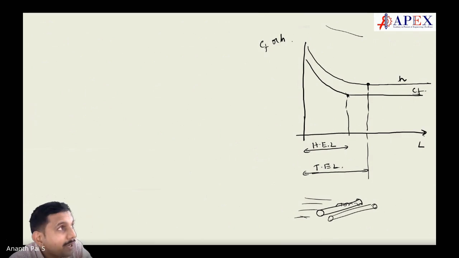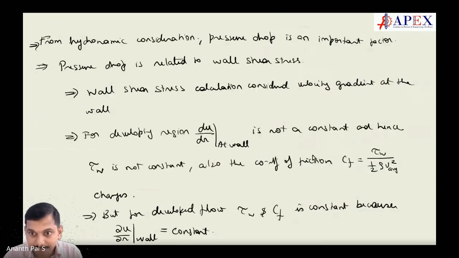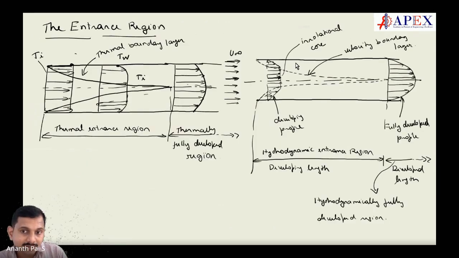For a smooth pipe, what happens? What is the boundary layer thickness for a smooth pipe? Lesser, right? So developing length will be more. For higher velocity, will the boundary layer be bigger or smaller? Smaller. So developing length is high. This is boundary layer thickness.